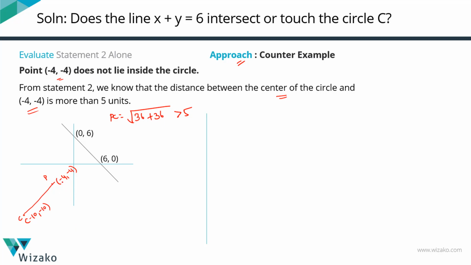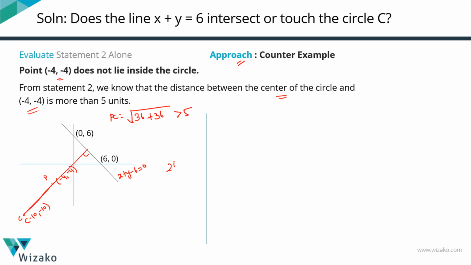So point P, which is (-4, -4), does not lie inside the circle if the center of the circle is at (-10, -10). We have already computed the perpendicular distance between the line x + y - 6 = 0 and the center of the circle, (-10, -10).